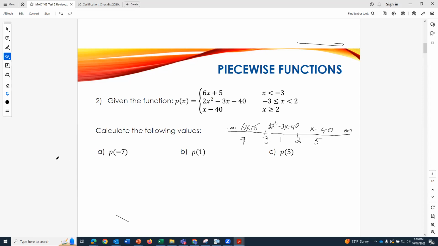That means now, if we have to find p of -7, what we have to do is plug -7 into the first function. And that will be 6 times -7 plus 5. That is -42 plus 5, and that will be -37.